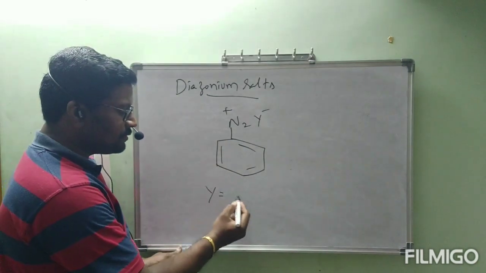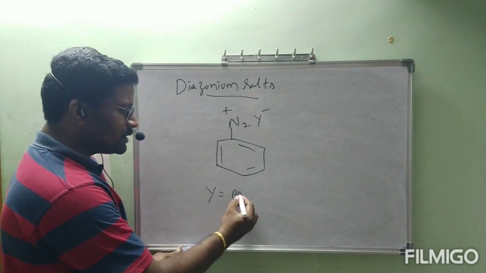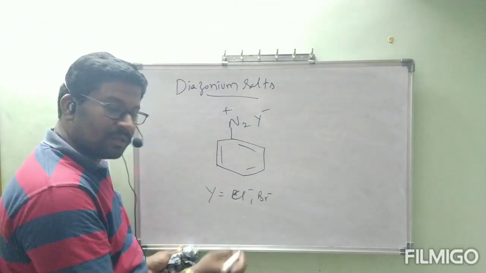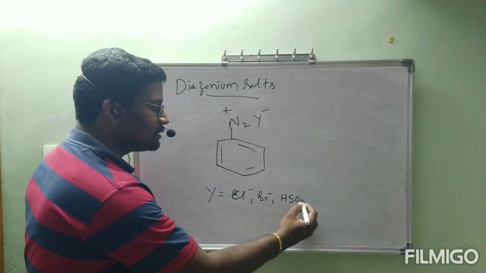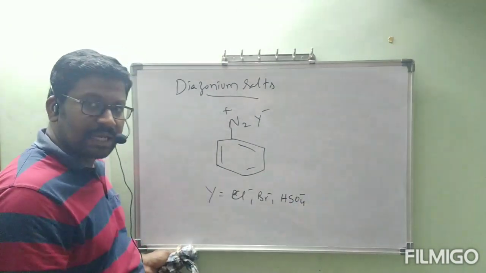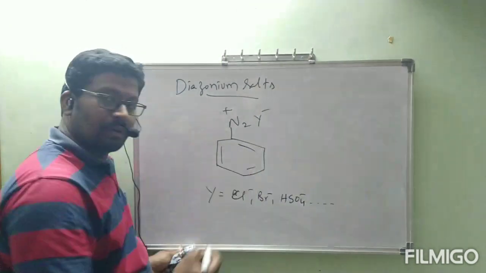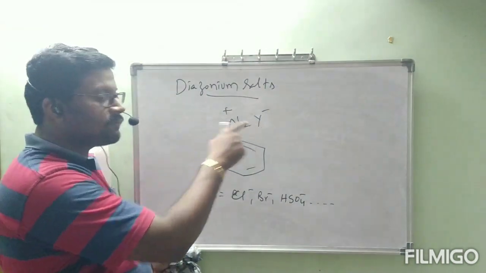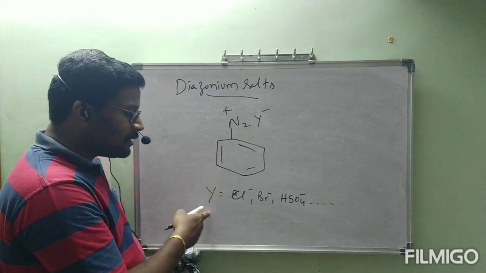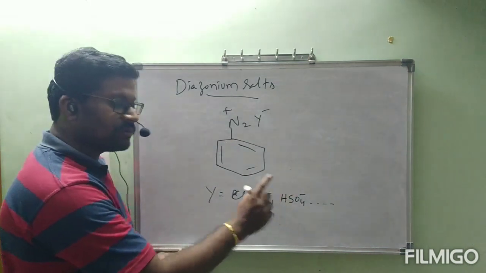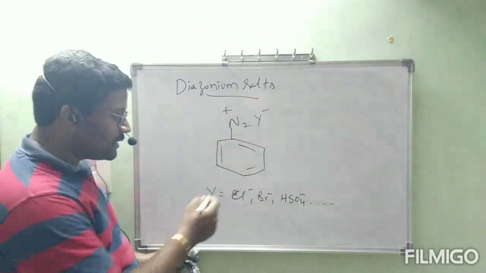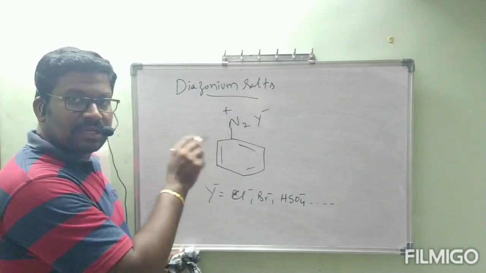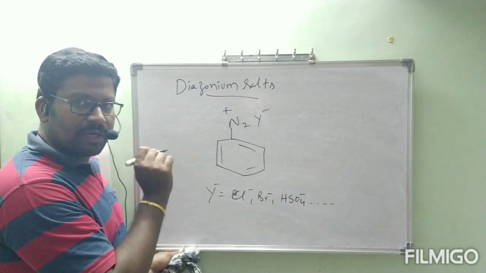Here Y- can be any halogen, Cl- or Br-, even HSO4-. The general formula is C6H5N2+ Y-, where Y- might be Cl-, Br- or HSO4-. So this is the general formula of benzene diazonium chloride.